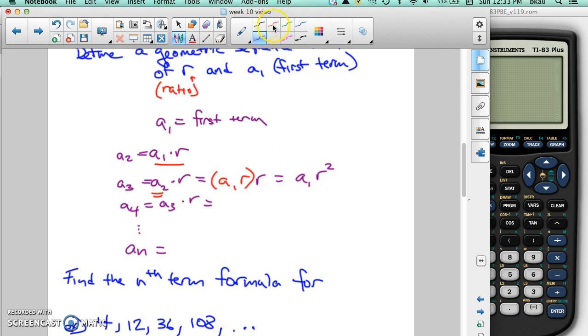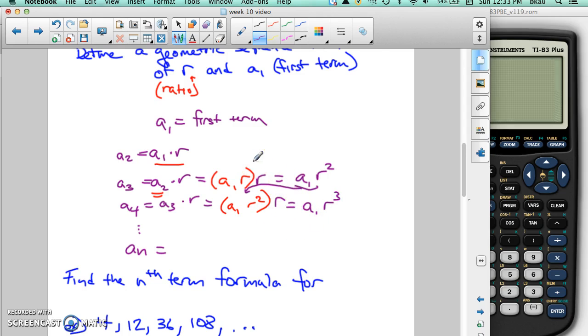So it's going to be a sub 1 r squared times r. We're substituting this one in here for that. So we're going to get a sub 1 r to the third power, and then so forth.